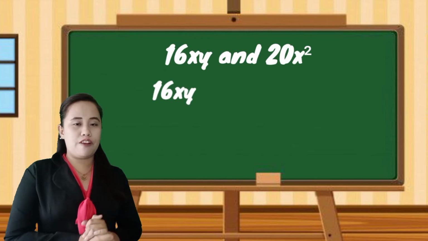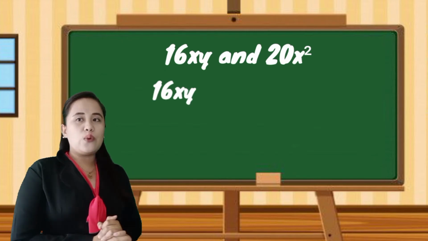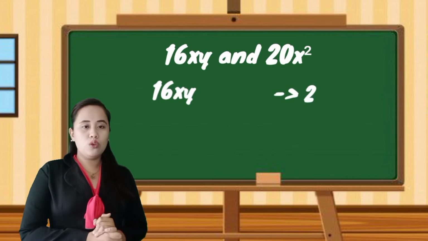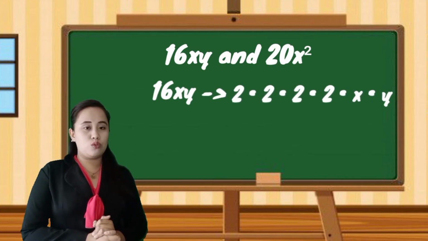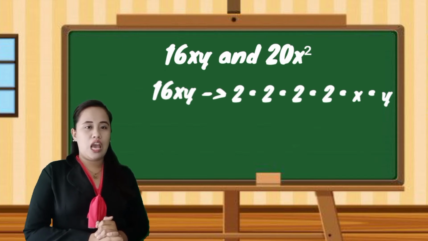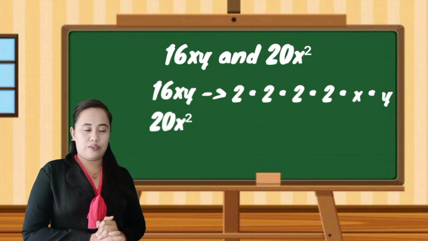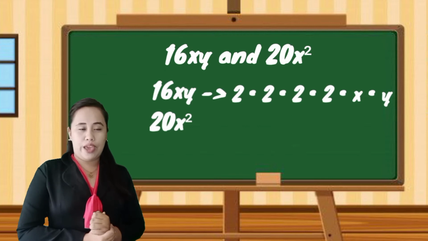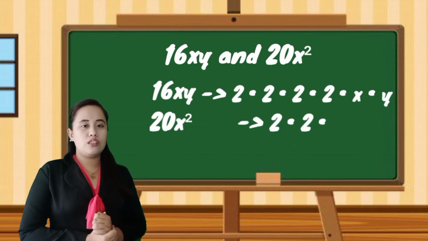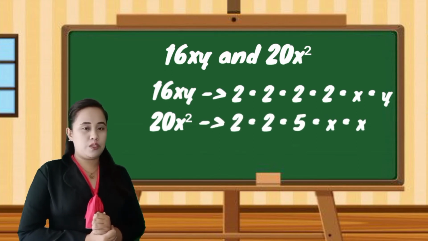The prime factors of 16xy are 2 times 2 times 2 times 2 times x times y. Same with 20x squared: 2 times 2 times 5 times x times x.